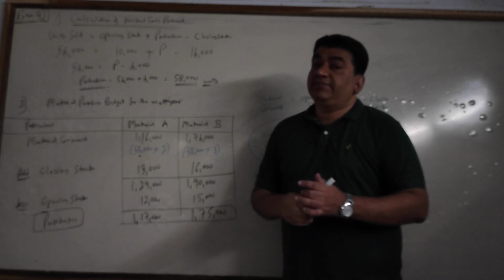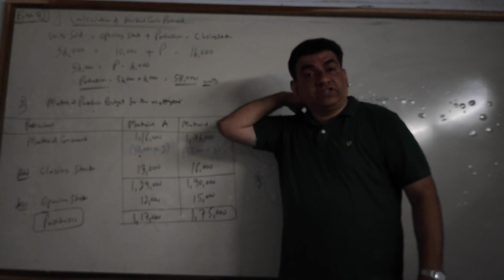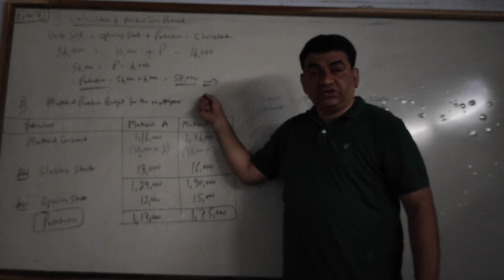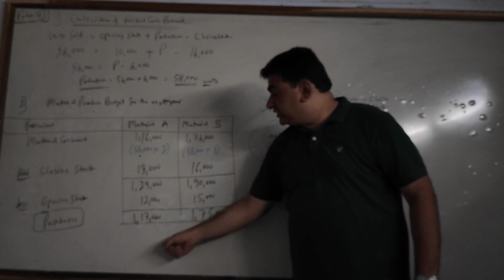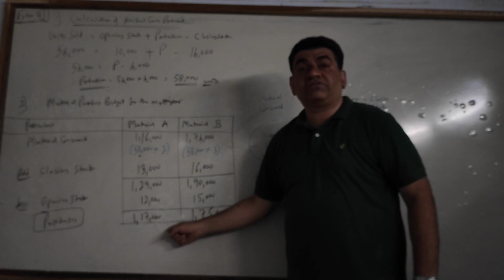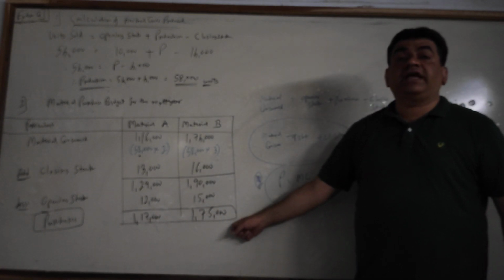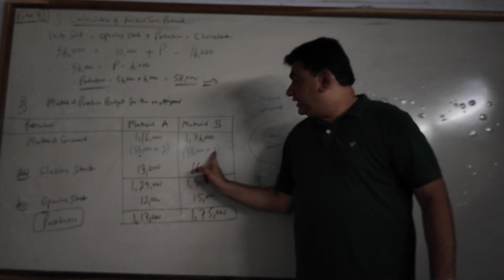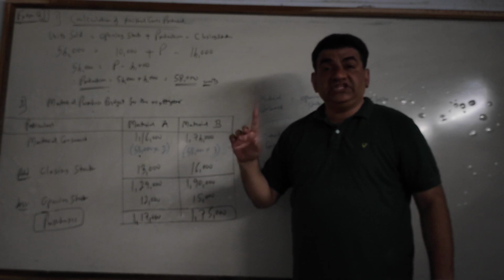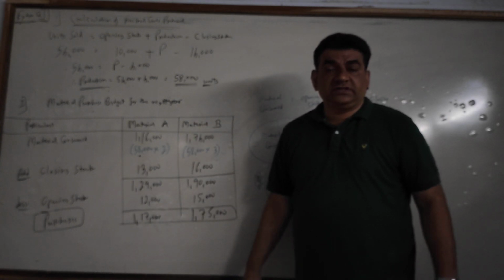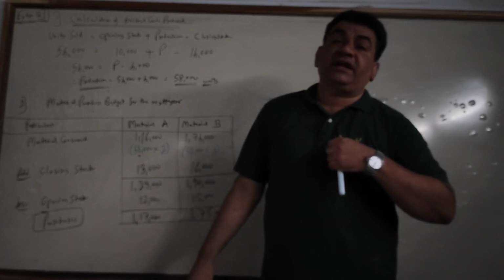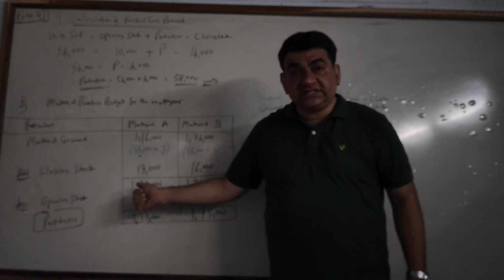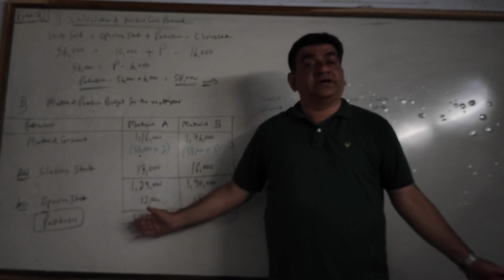Keep this in mind, because this will be the base for the next class. So to manufacture 58,000 units of finished goods, I'll have to purchase 1,17,000 units of material A and 175 of B. How did you get this? 2 units of A and 3 units of B are required for each unit of finished goods. Got it, guys? So this was production and purchase. The first sum was on the production budget and the next sum on purchase.